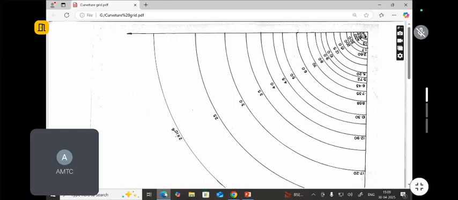It should be provided to you in exams also. You can see each curve has a different value: 6.0, 5.0, 4.5, 4, and so on. So you have to put this tracing paper on the curve and note down the value.